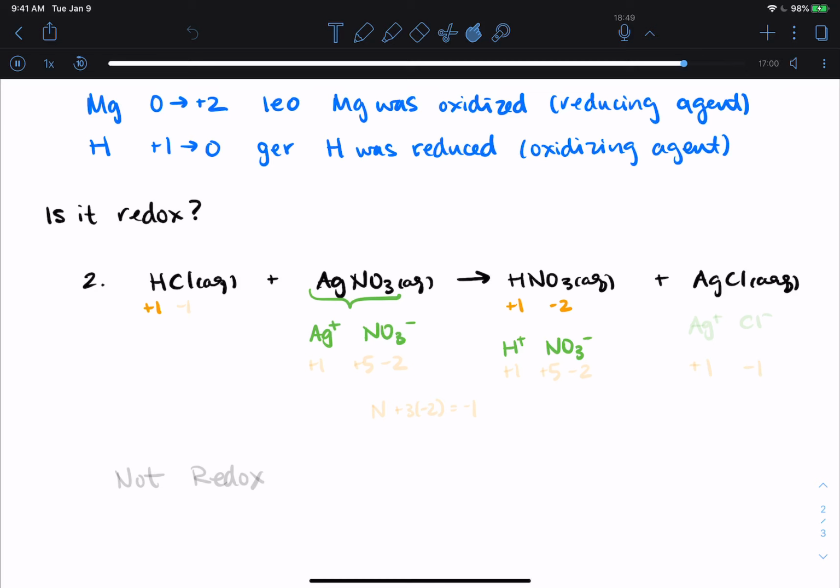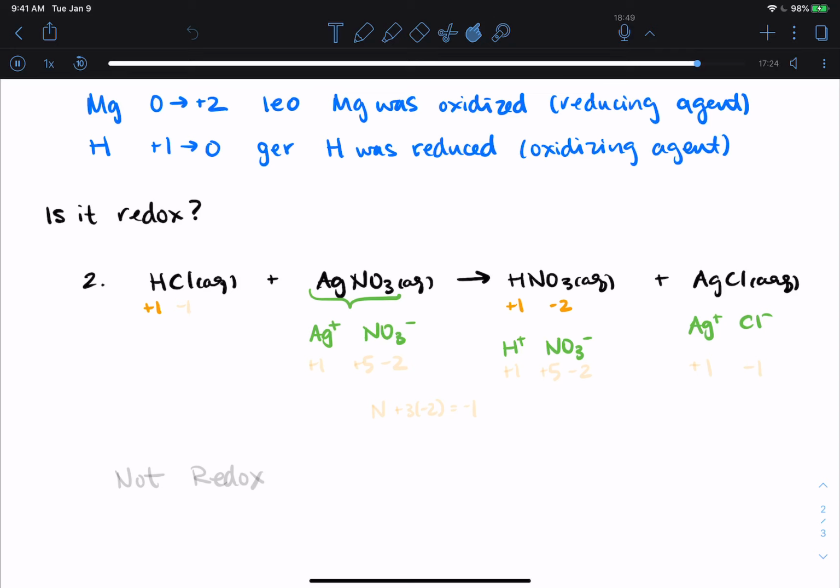And my silver chloride over here is going to be an Ag+ and a Cl-. Those won't be as important to have pulled apart, but the silver nitrate is going to help us immensely just by splitting it into things that we already know, even though it's not explicitly related to checking the oxidation numbers.